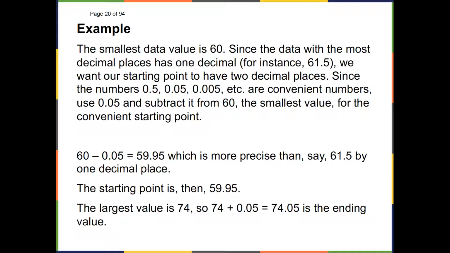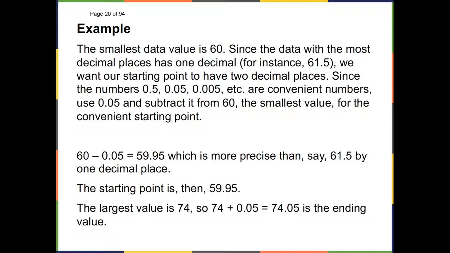What that allows us to do is make everything basically a fraction. So 0.5, 0.05, 0.005. And if we subtract it from the smallest value, then we get something even more precise.